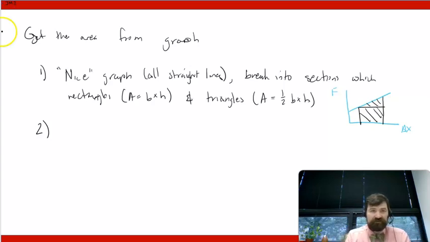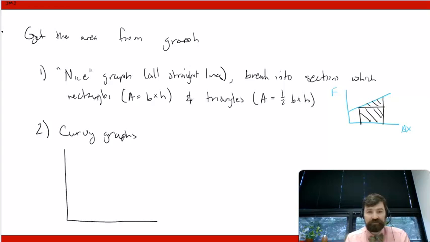On the other hand, a lot of forces do not give very nice graphs, so we'll call these curvy graphs. If you have a curvy graph, then you're not really going to be able to split it up very nicely into something like this. So maybe your graph is more like that. For something like this, essentially all you can do is break it up into the grid and count boxes.